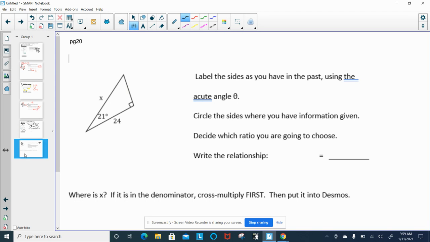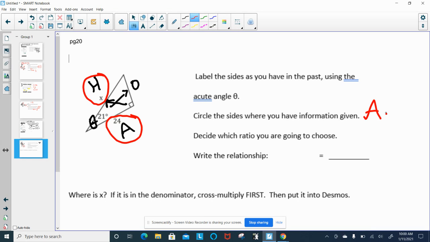One more, page 20. Labeling. Going to circle where we have information. This time we have A and H, which is cosine.